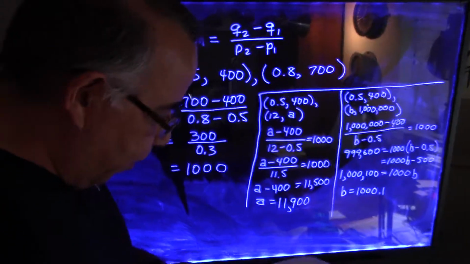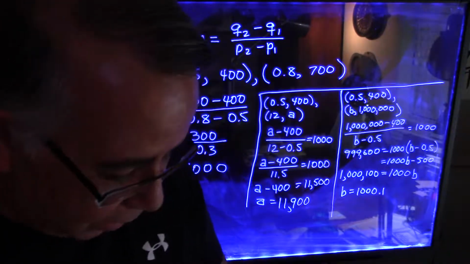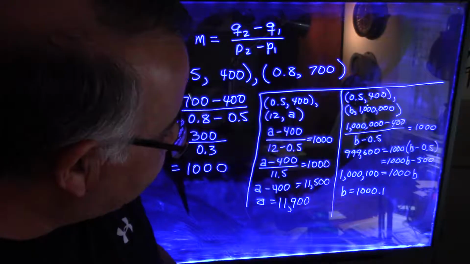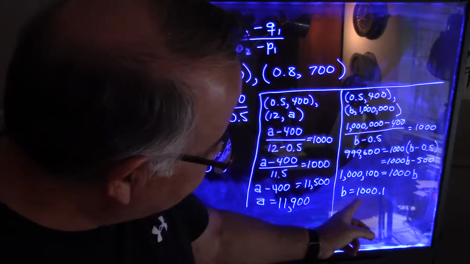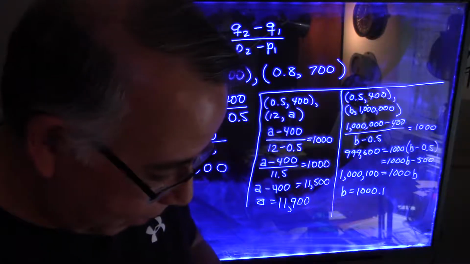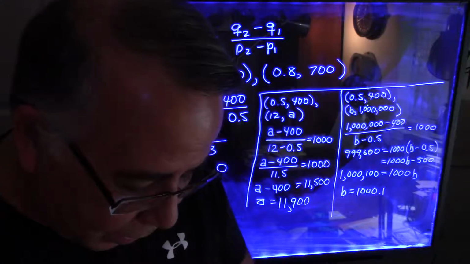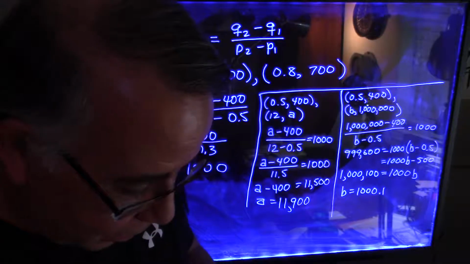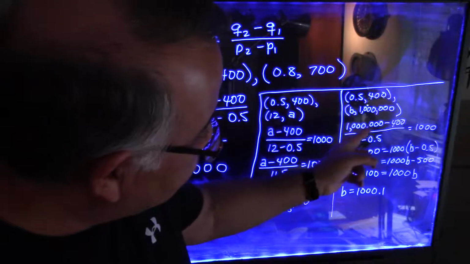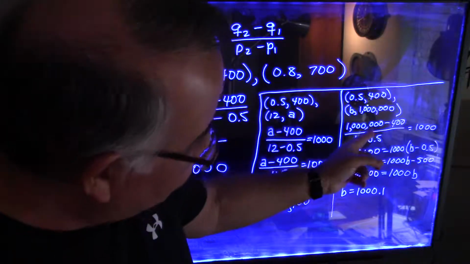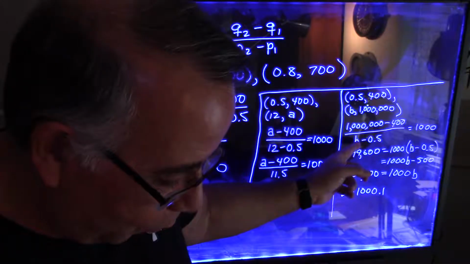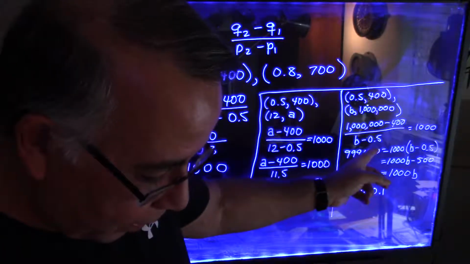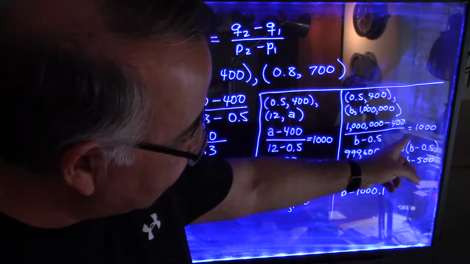Okay, now look out. Your book's answer has 1,001.1. All right, the book agrees with our answer for a, but not with b. The book's answer is again 1001.1. All right, that's a typo. If you plug in that value here, you go 1,000,000 minus 400 over 1001.1 minus 0.5. What does that equal? That should equal 1,000.